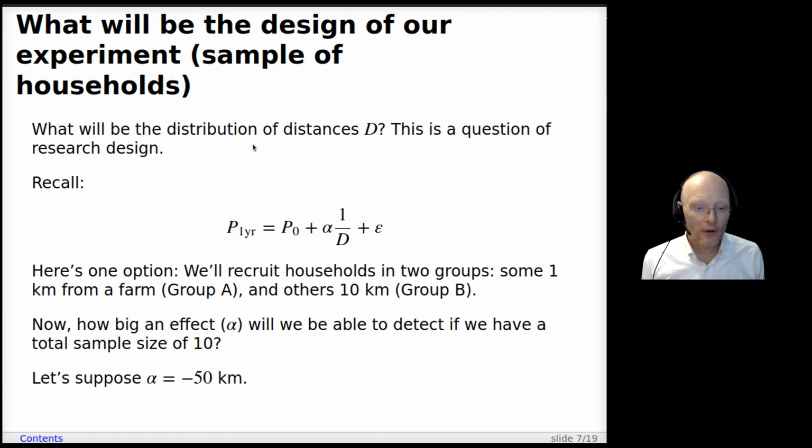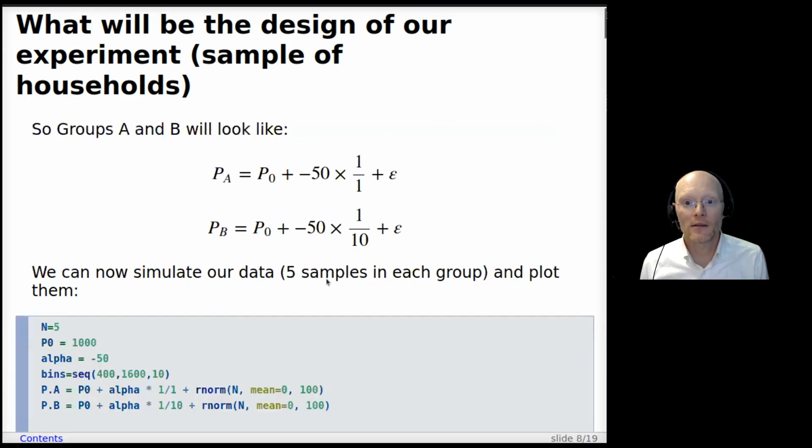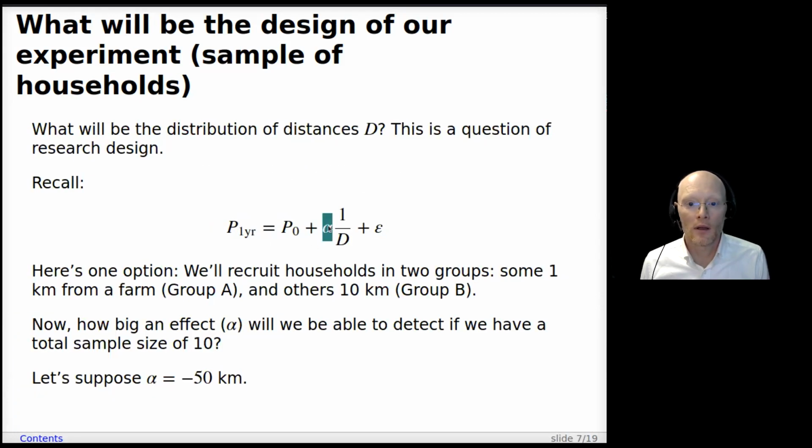Okay, so hopefully if we do this right, we will be able to just look at the populations after a year in group A and group B, and then back out from that how big an effect alpha is, what the value of alpha is.